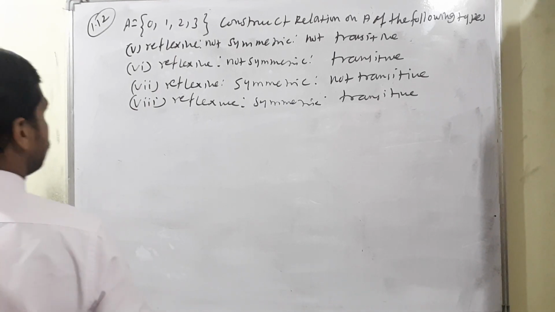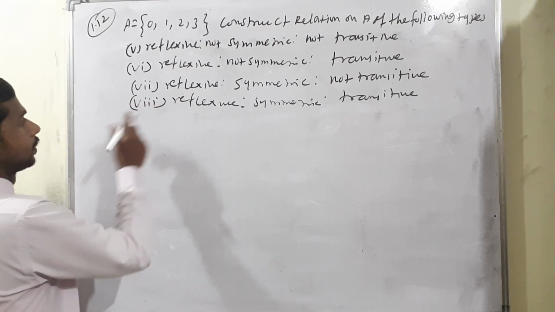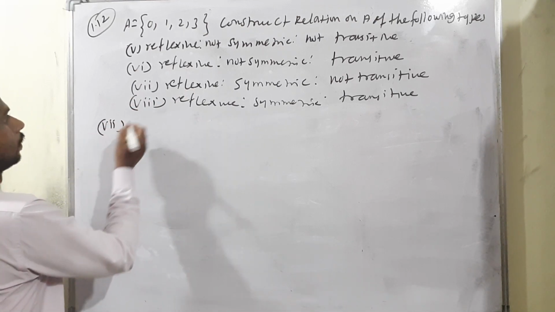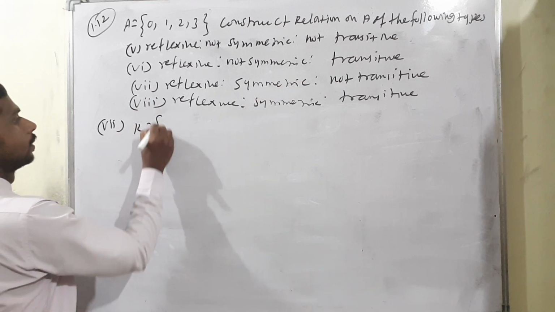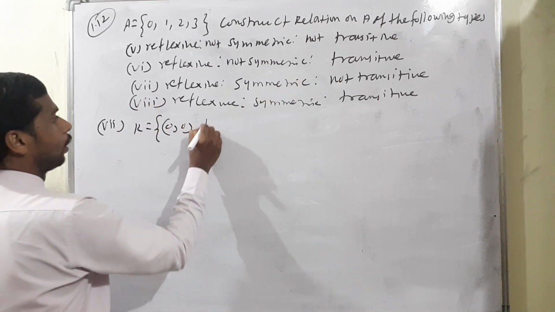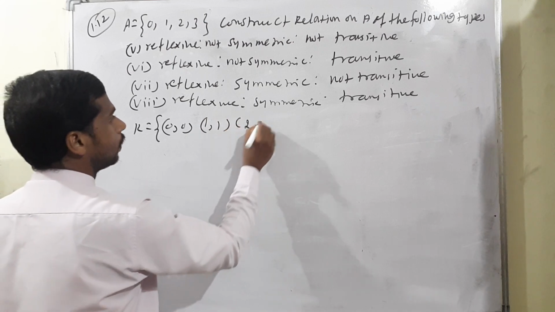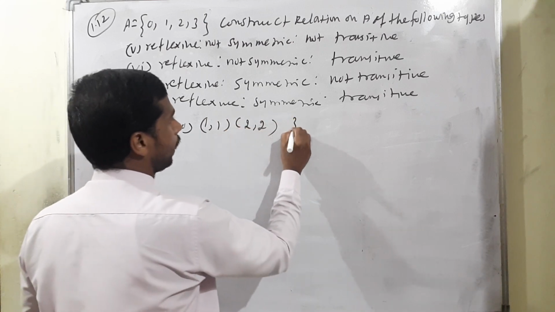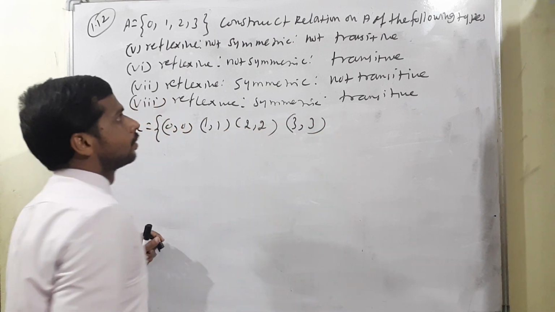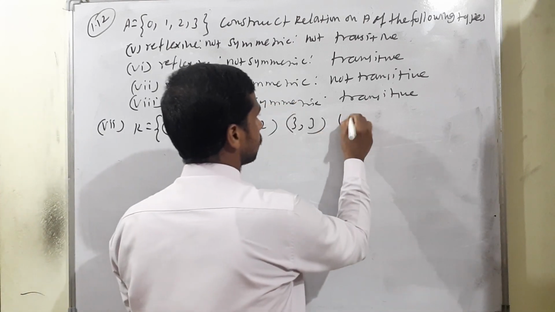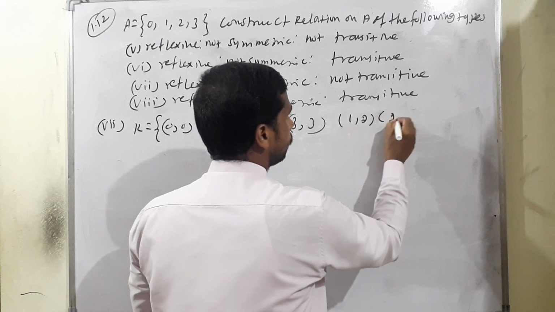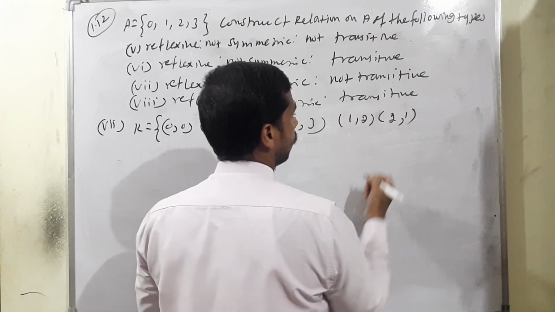Subdivision 7. Condition: reflexive, symmetric and not transitive. Reflexive means we know R is equal to 0, 0, 1, 1, 2, 2 and 3, 3. Then reflexive we can say. Then symmetric also. Symmetric means 1, 2 is there, so 2, 1 we also need.